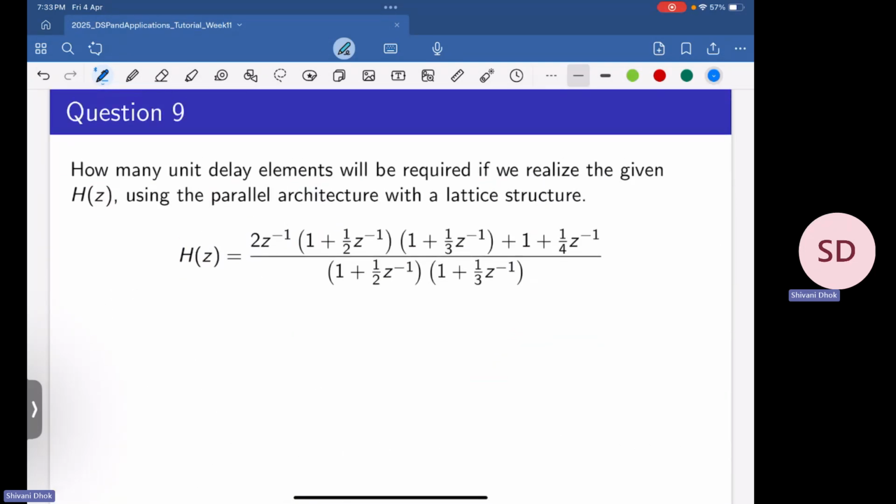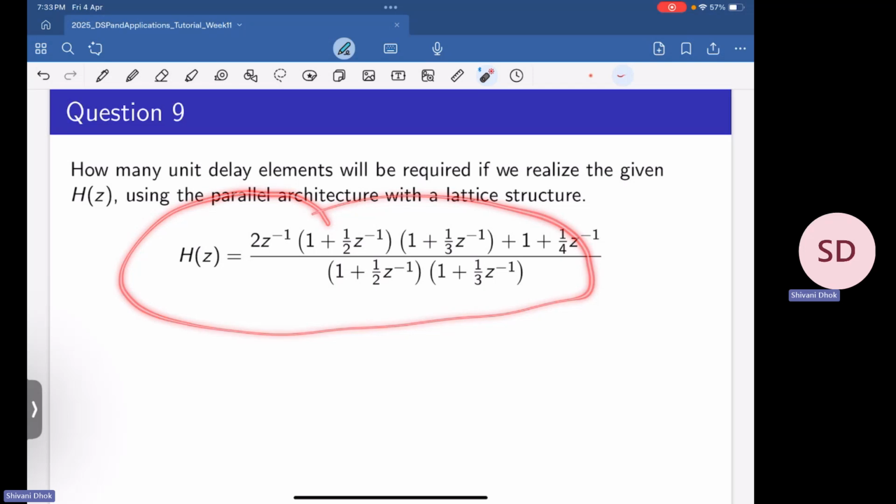It says: how many unit delay elements will be required if we realize the given h of z using a parallel architecture with a lattice structure. So we have to realize this given system using a parallel architecture, and that parallel architecture should have a lattice structure.